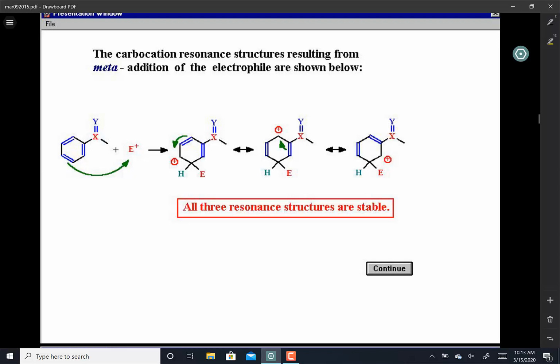And so all 3 of those resonance structures turn out to be stable, which is good because now I'm favoring the meta position. So a deactivating group, all of which fit this general form, you get 3 resonance structures for meta, you get 2 resonance structures for ortho.